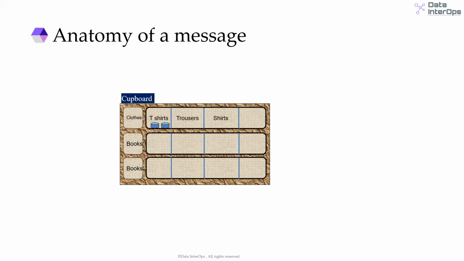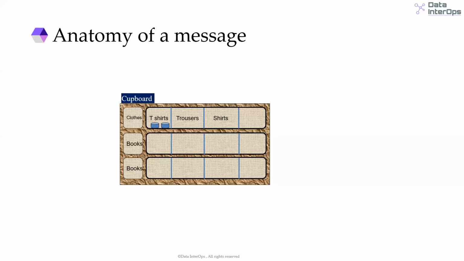So the first shelf would be dedicated for clothes. The second shelf is used for books. And the third shelf is used for another set of books. And each shelf is again divided into different compartments to store various things or to categorize various clothes.